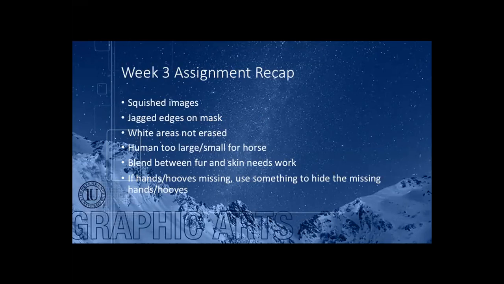Some of the images, for the most part the centaur image, the body of the person and then the horse, may have been distorted. You can skew and use perspective, but make sure you're not doing it too much, and do it subtly if you need to. I did notice some people that had distorted images, and you definitely can tell right away. So make sure you're not distorting your images, squishing them out of proportion.